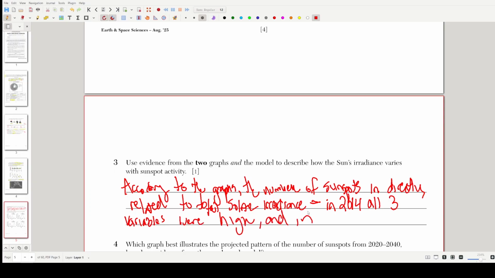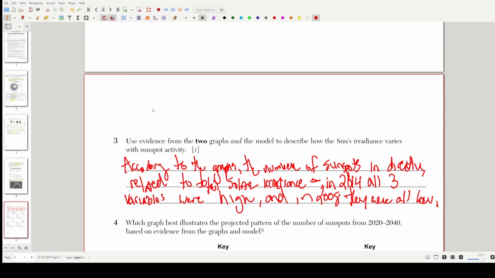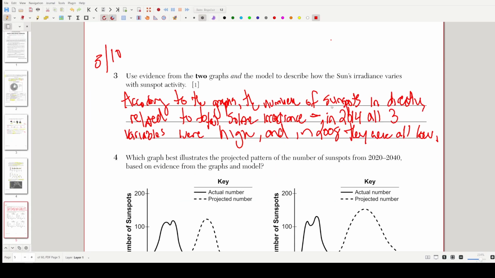And in 2008, they were all low. Okay. I didn't think that was that bad. I'll say that's a 5 out of 10. It wasn't horrible. All right, let's keep going.